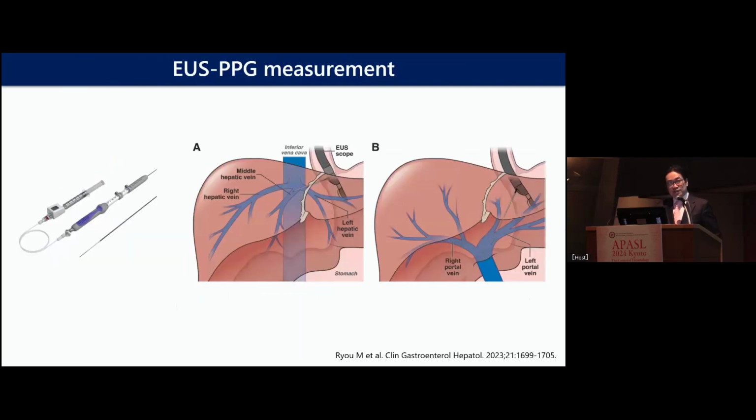So I think this is a very popular technique for EUS guided liver evaluation, EUS guided portal pressure gradient measurement. So with this needle, it's a 25 gauge needle with a pressure measurement device. At the end of the FNA needle, you can puncture the portal vein, and also you can puncture the hepatic vein, and then measure the EUS guided portal pressure gradient.